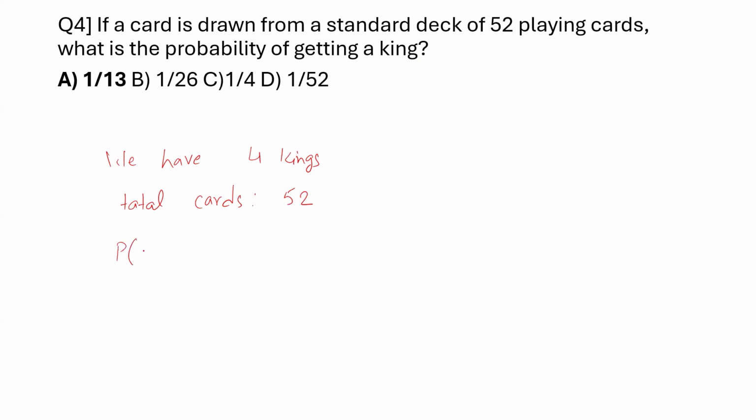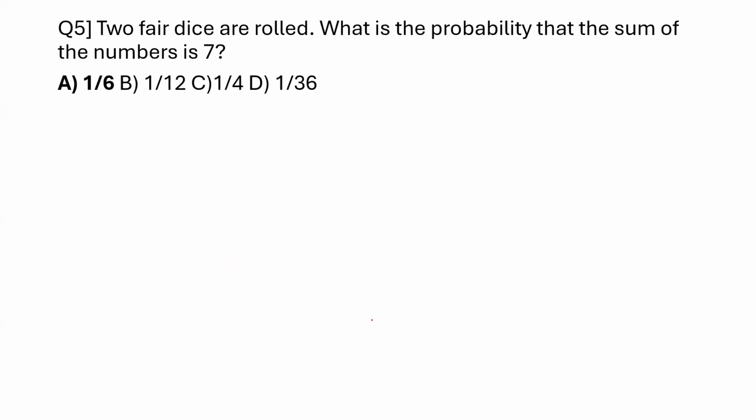So probability of one king is 4 upon 52. If you do the cancellation, it will be 1 upon 13. So correct option is A.